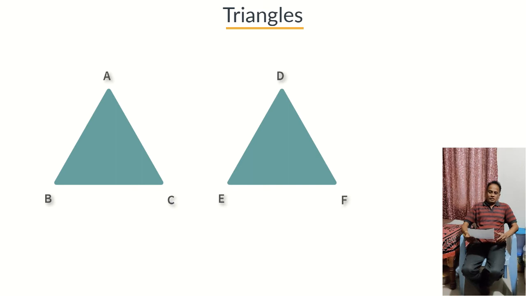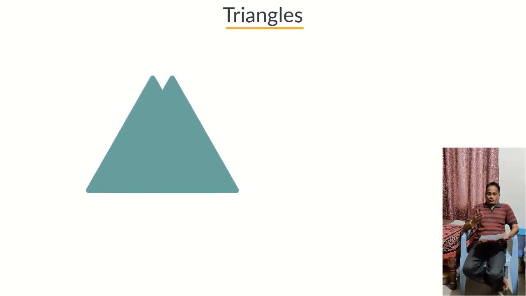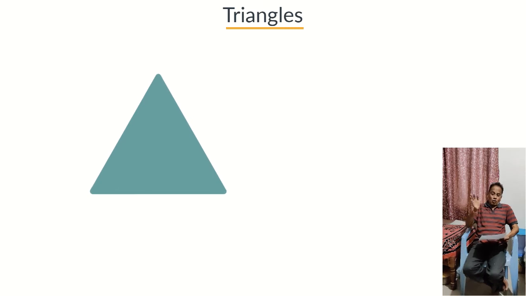Before considering these triangles, let us make a paper cutout of these 2 triangles such that when you place one above the other, if triangle DEF is placed on triangle ABC, they coincide with each other in size and measure.